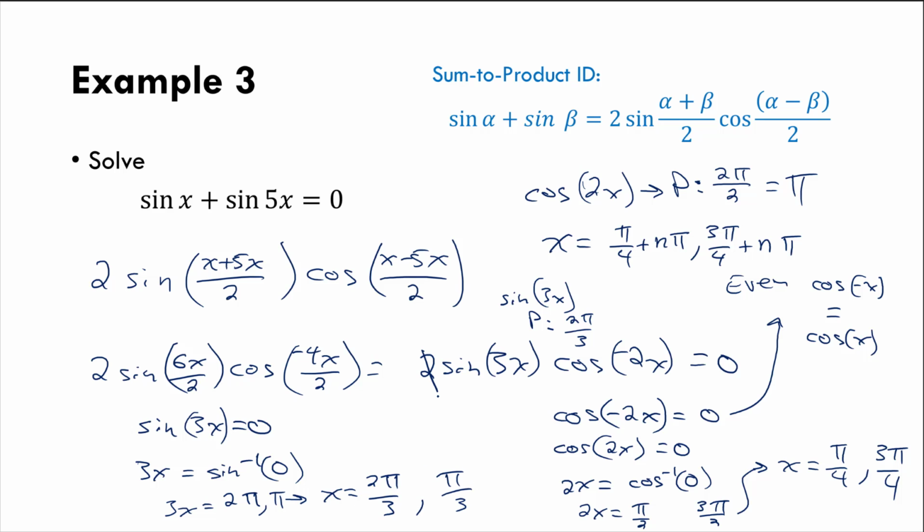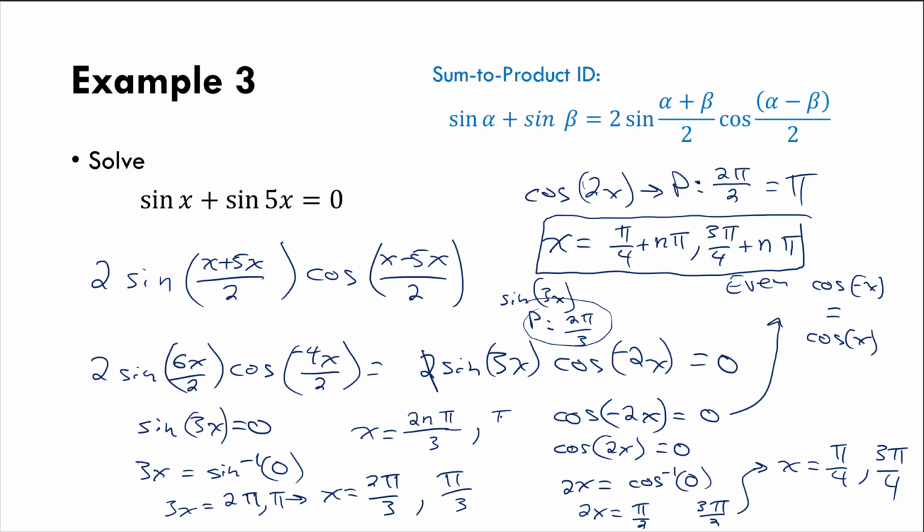Okay, this is the first part of my solution for cosine. Since I've got this 2 pi over 3 here, I can just say 2n pi over 3, since my period is 2 pi over 3 as well. 2n pi over 3 is going to fit my solutions here, as well as pi over 3 plus 2n pi over 3.